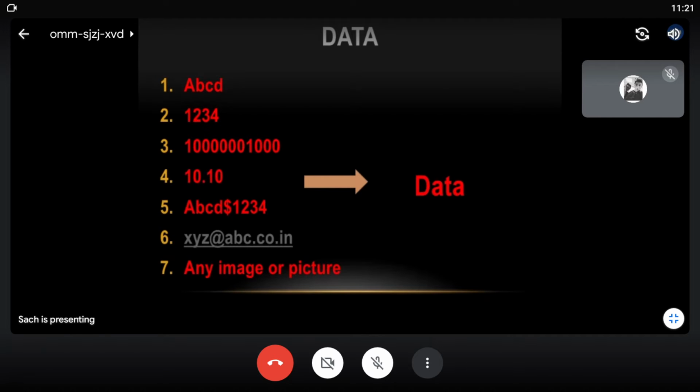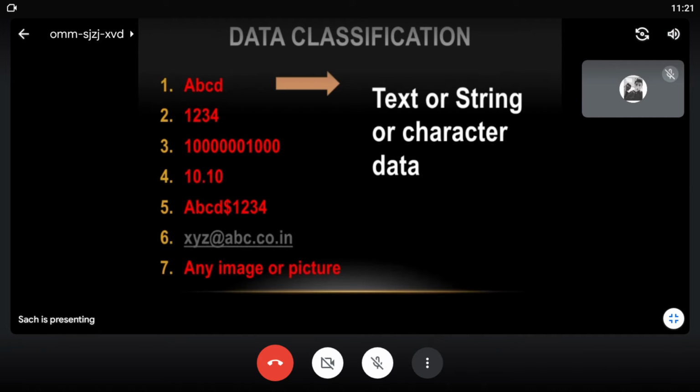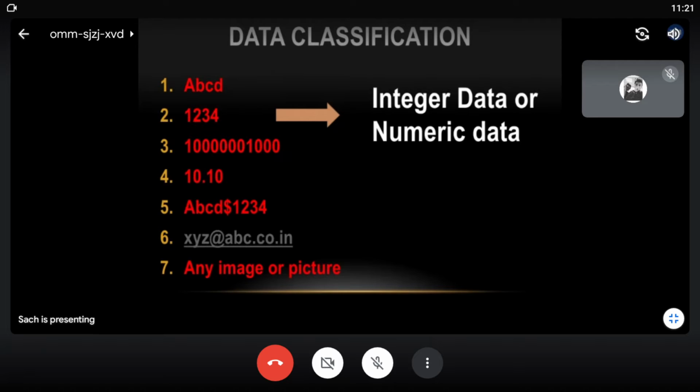Now let us move to some data classification. So the first data is ABCD. We classify it as text or string, or we can say it is character data. This is very important. Now let's see 1, 2, 3.